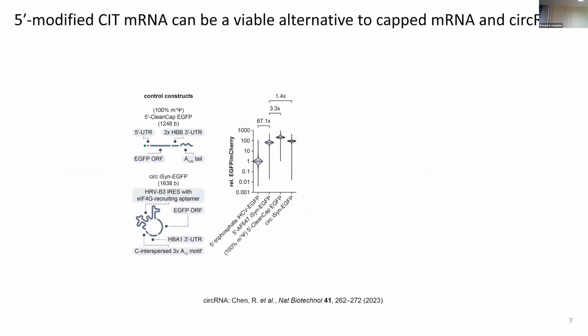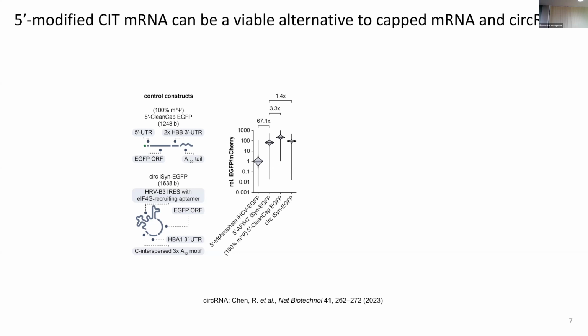So from the benchmark, we could see that the ISIN construct was performing the best. So we were curious, how will it compare to some established constructs, like the starting construct that's translated cap-independently that I presented on the previous slide, as well as some established constructs like cap-dependently translated linear mRNA, as well as circular RNA.